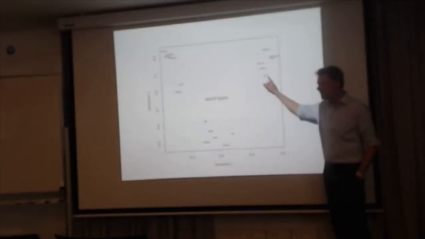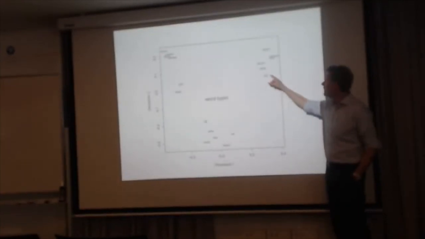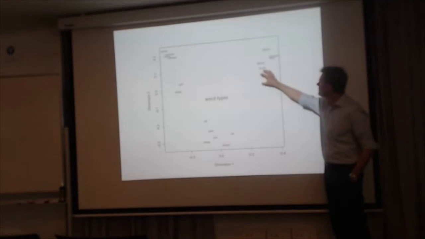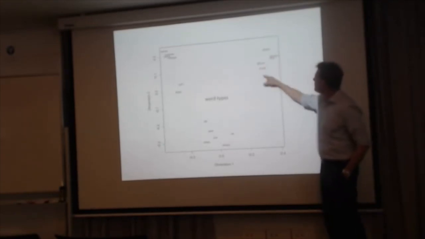Its position is determined by lots and lots of concordance lines that we retrieved from a corpus for this word. Yeah? So maybe the corpus that we used contained 500 actual lines with hat and their collocates. Yeah? So that is what determines this position in relation to the other words.